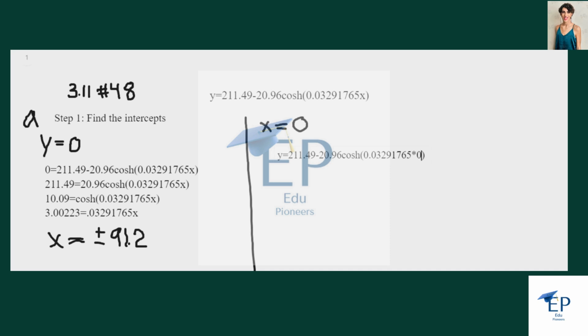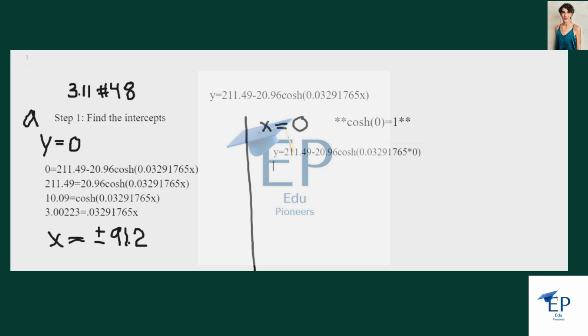One thing I would like you to keep in mind is this identity: the cosine hyperbolic of 0 is equal to 1. Cosine hyperbolic and sine hyperbolic follow most of the same properties as the regular trig cosine and sine functions.